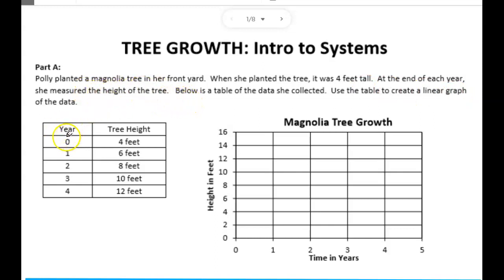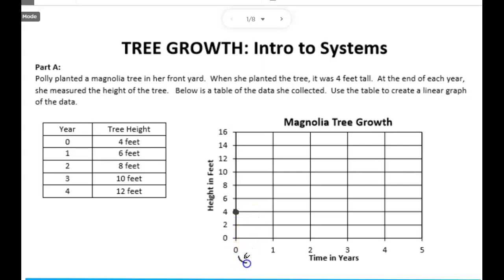All right, so it looks like in the first year, well, actually, no year, it was already 4 feet when it got there. So when she first got there, it was 4 feet, right? Not 0 feet, not 2 feet, but what? 4 feet. All right, so let's go here. Let me erase that. 0, 2, and 4 feet when she first got it.